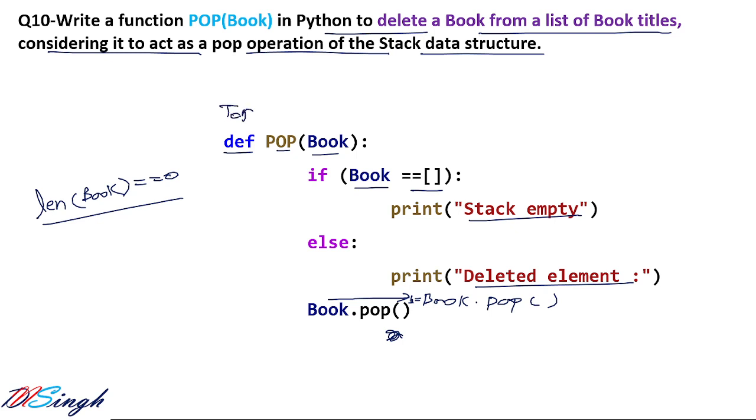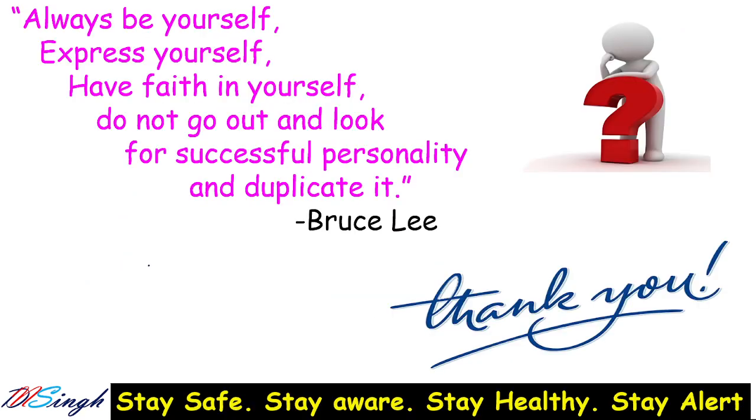So just set the top pointer to None, and then we are going to initialize the top pointer to the last index. How can we initialize the top pointer to the last index? Top equal to len of book minus 1 after deleting, and then return that deleted book from this function. Okay, fine. So that's it for this particular question.